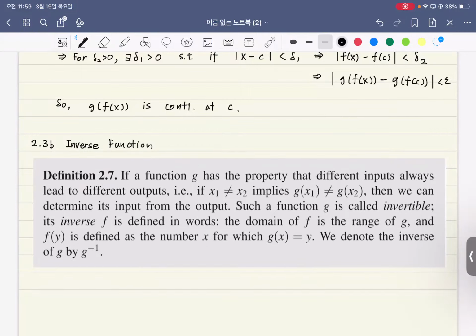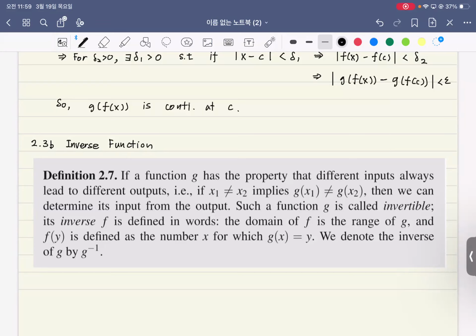If x1 is different from x2, then the function value g of x1 is also different from g of x2. So this means there are no two distinct elements from the domain that have the same function value. In other words, looking at the function values, you can recover the point in the domain that attains that function value, right?